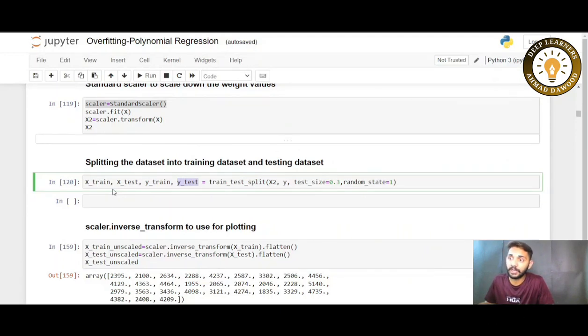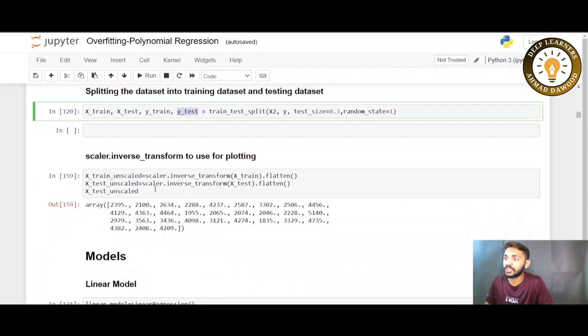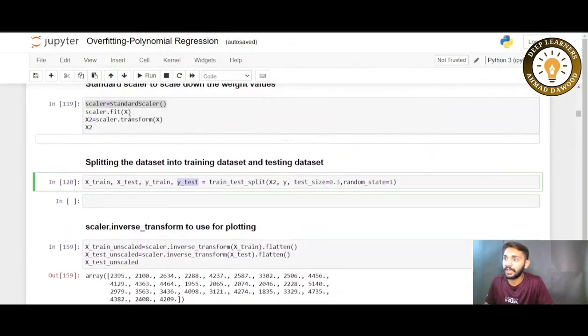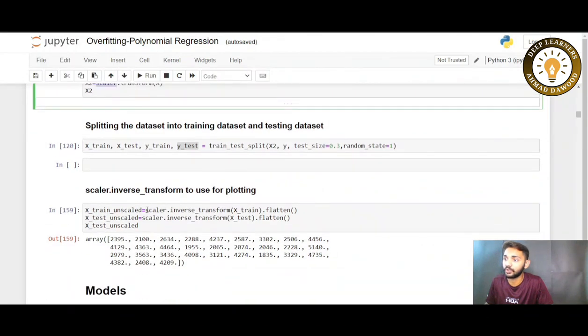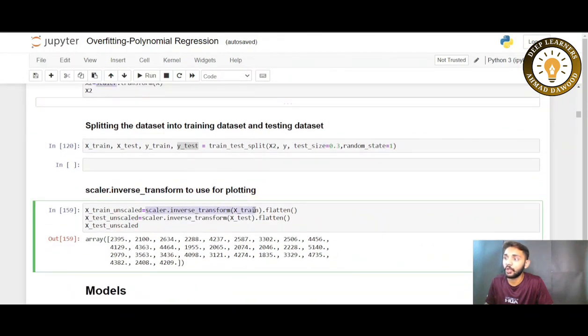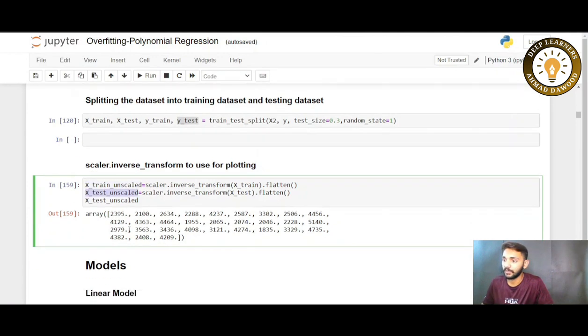I want to plot my graphs on the original data I was having. So that's why I am inversing the transform that I used here, scalar dot transform. I am using scalar dot inverse transform on the x train part and also the x test part. I am getting x train unscaled and x test unscaled, so that I can plot my graphs.